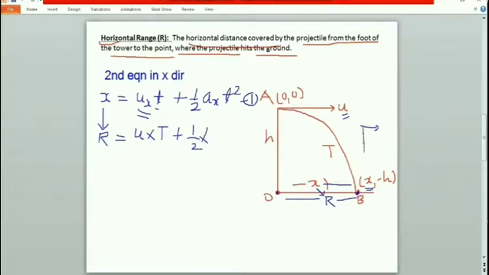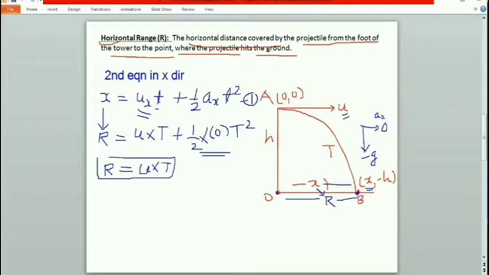No component is there. Acceleration due to gravity always works only in the vertical direction, that is the y axis, only in the vertically downward direction, so ax is 0. No component is there. So this value is 0, and we'll get the final result of horizontal range R equals to u multiplied by t.